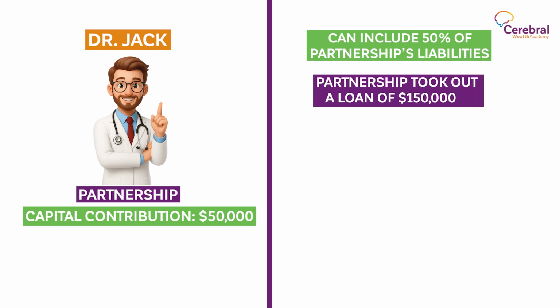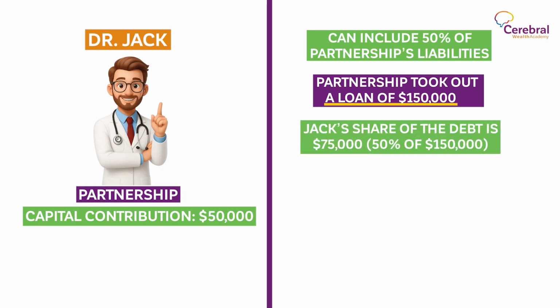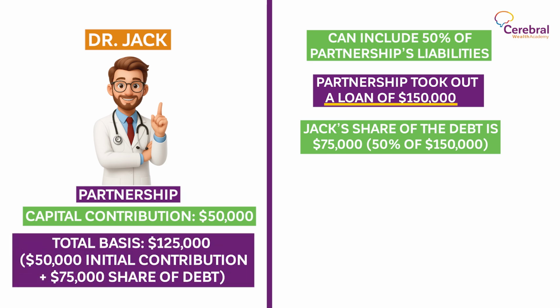The partnership took out a loan of $150,000, and since Jack owns 50%, he can include 50% of the partnership's debt in his basis. Jack's share of the debt is $75,000, 50% of $150,000. Jack's total basis is now $125,000, which is the $50,000 initial contribution plus the $75,000 share of debt.